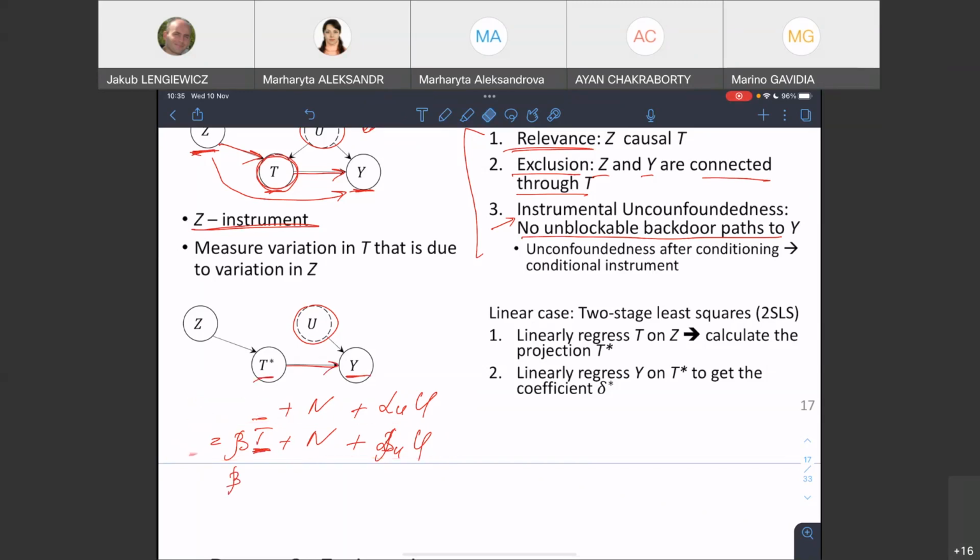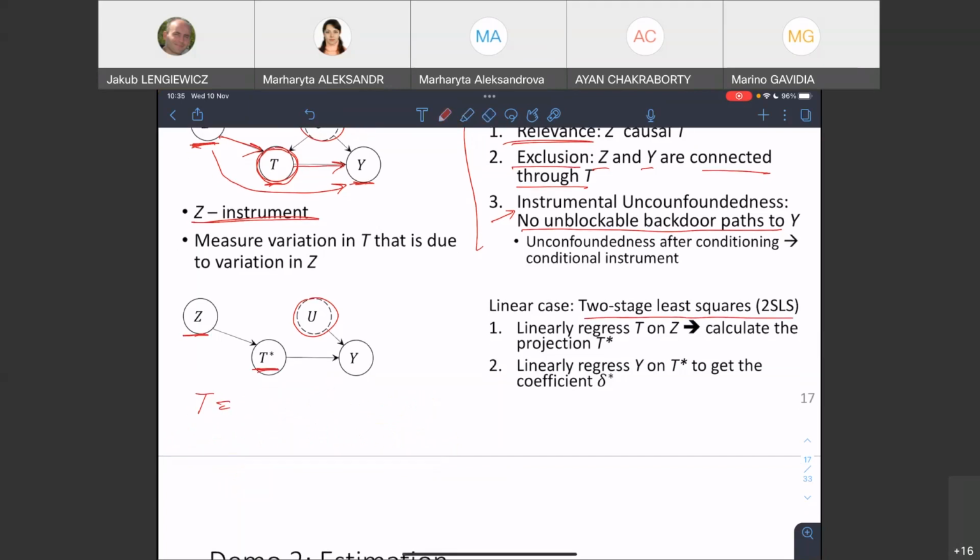Now, which method will we be using? We'll be using the method known as two-stage least squares. And the idea of the method is the following. First, we'll take our data set and we'll regress the variable t on the variable z. So we construct a linear model that predicts t as a function of the variable z.